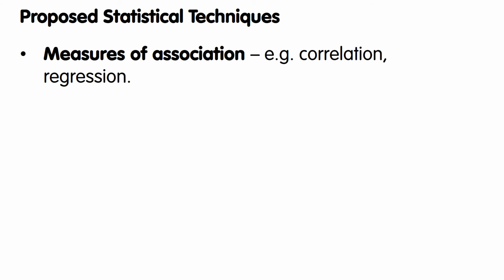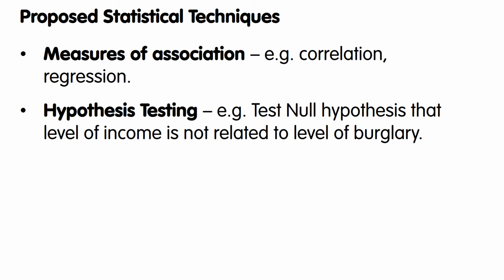The next area that I would want to look at, the second one, is hypothesis testing. So looking at testing the null hypothesis that, for example, burglary is not related to levels of deprivation, or if the test statistic threshold is met, then that might be rejected in favour of the alternate hypothesis that burglary levels are related to levels of deprivation.